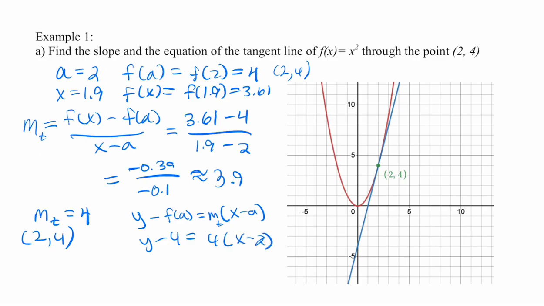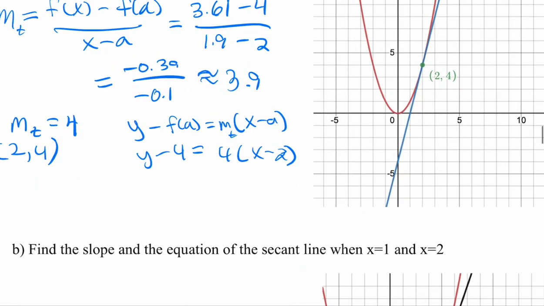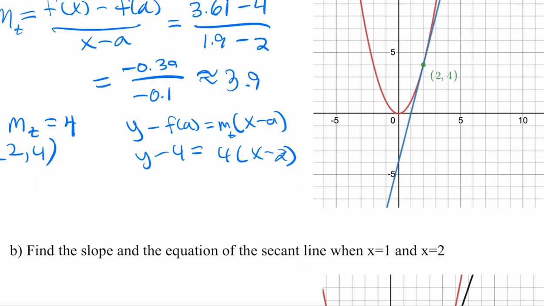I'm okay with you leaving it there. Most of the time, finding an equation of any line in slope-intercept form is slightly more helpful. If we distribute the 4, we get 4x minus 8. Add 4 to both sides, we get 4x minus 4.